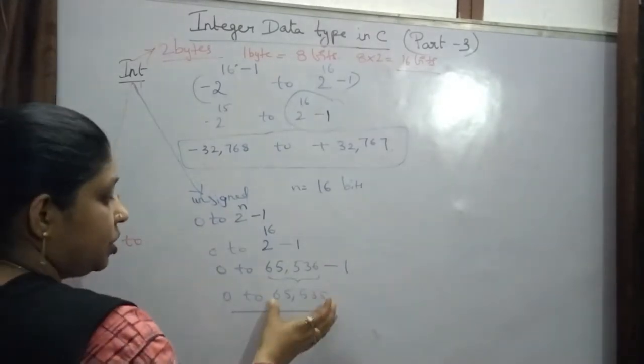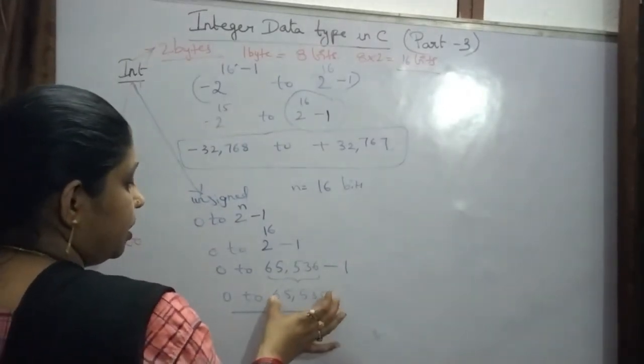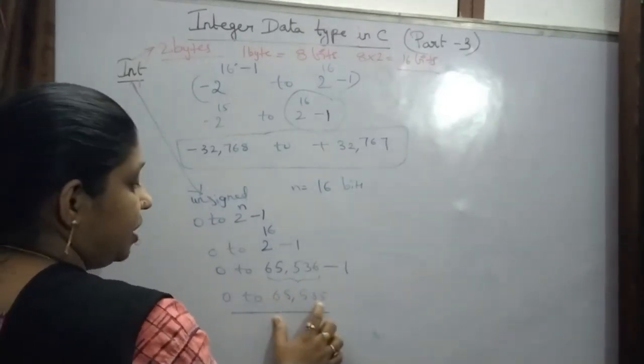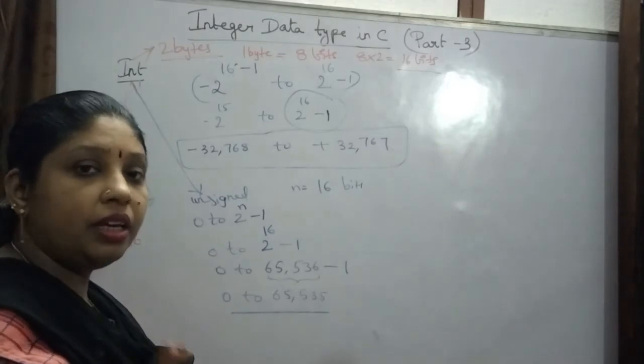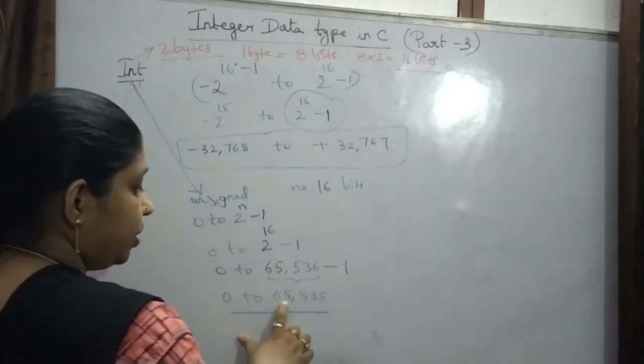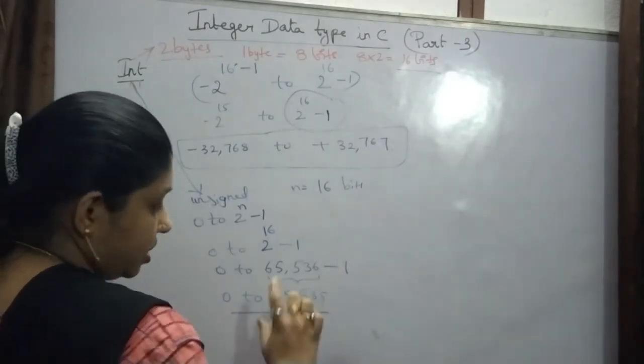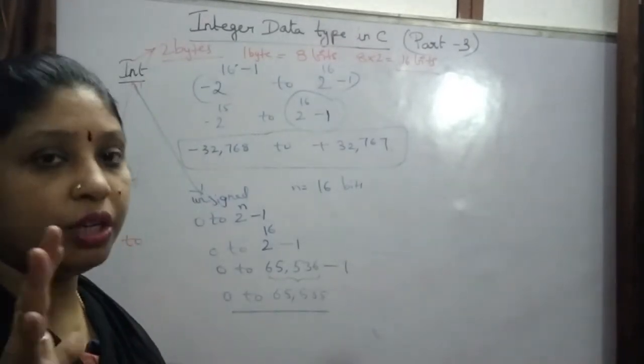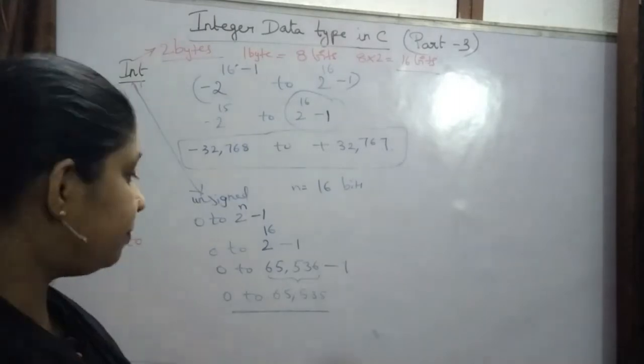That means up to this many digits can be used. After this you cannot assign that particular value, like 65,536 is also not going to be taken. It will give you some warning when you give a value above this range.